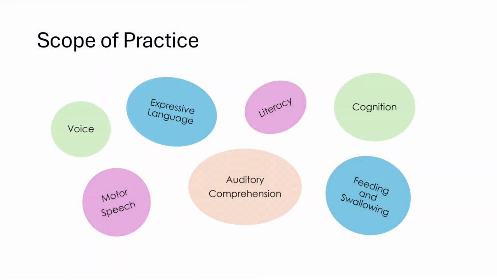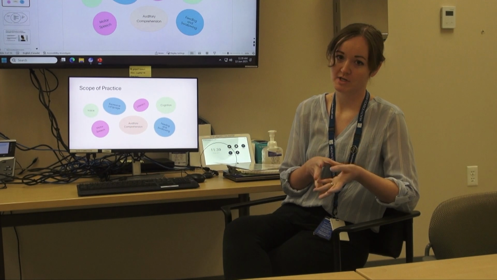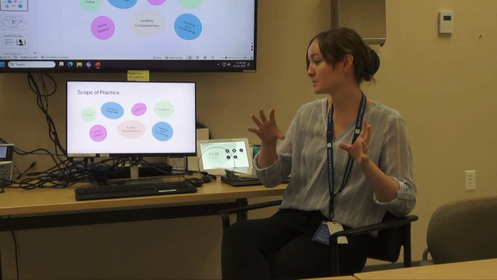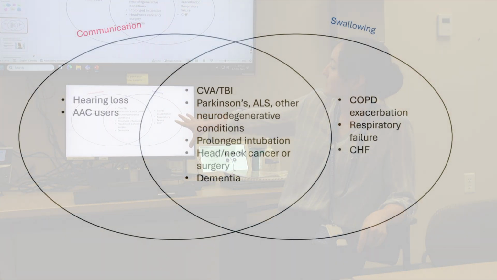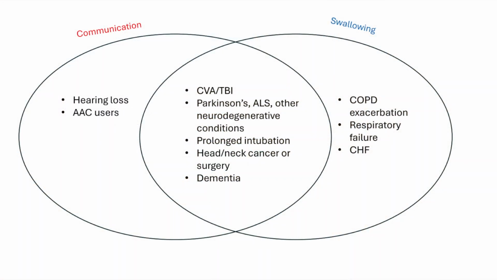So scope of practice of an SLP is quite large. It encompasses all of these things and more. But broadly, our role is to diagnose, assess, and treat issues with swallowing or communication disorders. So those two umbrellas. Up here on the screen, we've got some of the most common patients that I see, or groups of patients that I see.